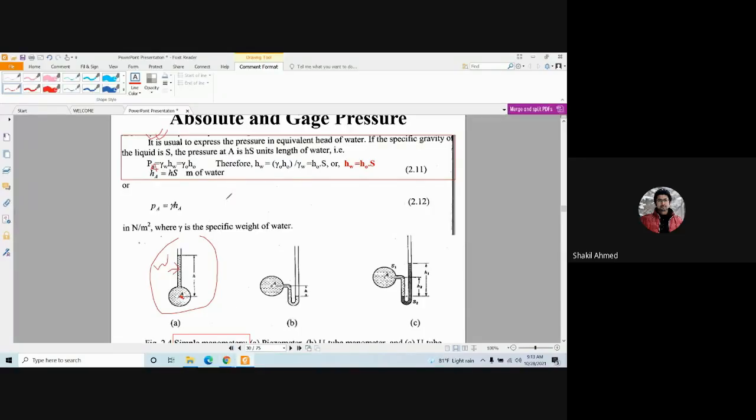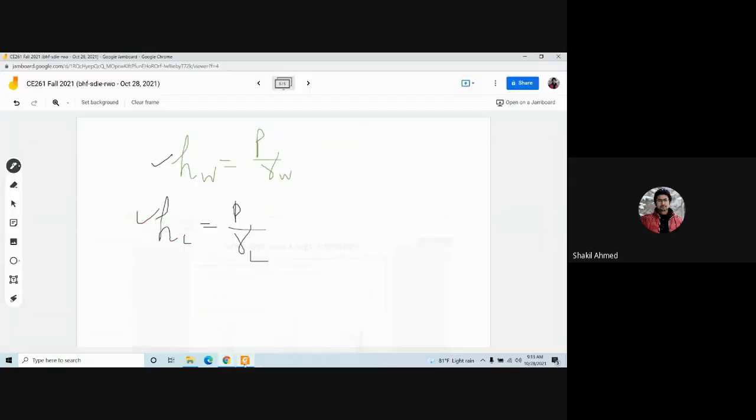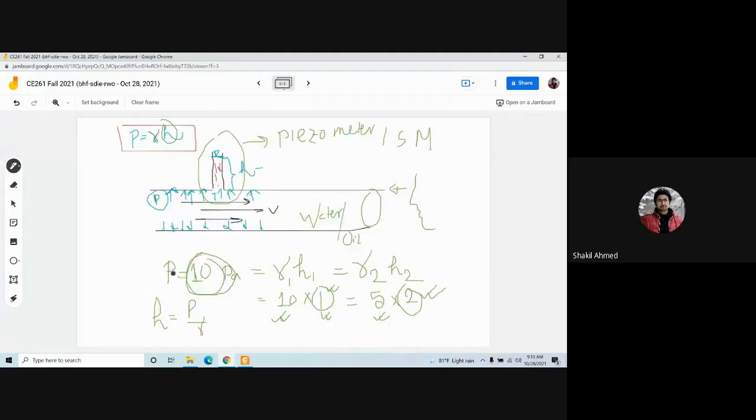Yes, sir. Fine. So from here, you can write HO equals to this. Let me write it down for you. So PA, pressure at any point, equals, as I already wrote here, gamma 1 H1 equals gamma 2 H2 equals gamma 3 H3.